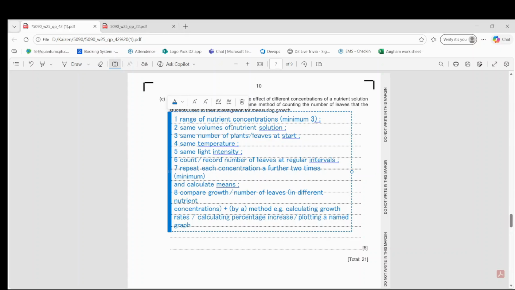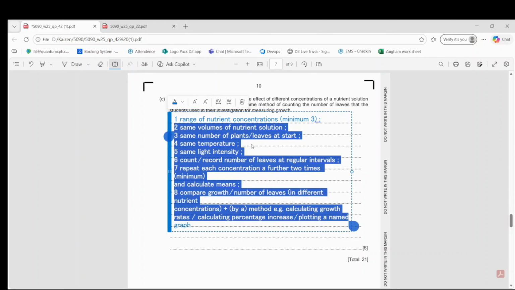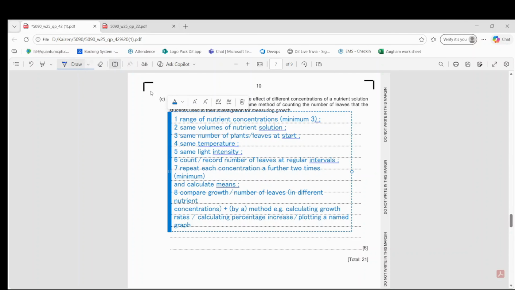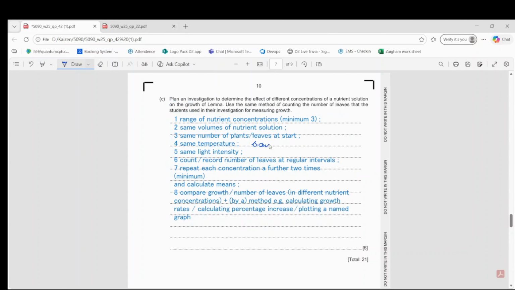So the constant variables are the volume of nutrient solution, starting number of leaves, same temperature, same light intensity, and even the same carbon dioxide concentration.